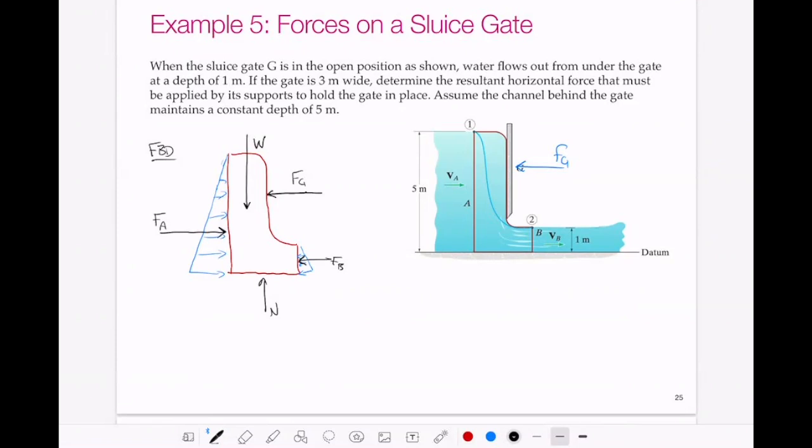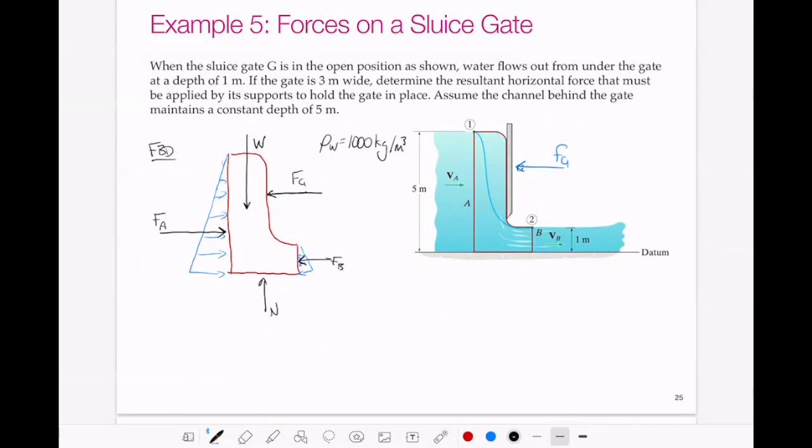And we have no information about the density of the water, but since it is water, we'll just assume the density is 1,000 kilograms per meter cubed. So our control volume is fixed, it's not moving, because it says that the channel behind the gate, so at A, maintains a constant depth of 5 meters.